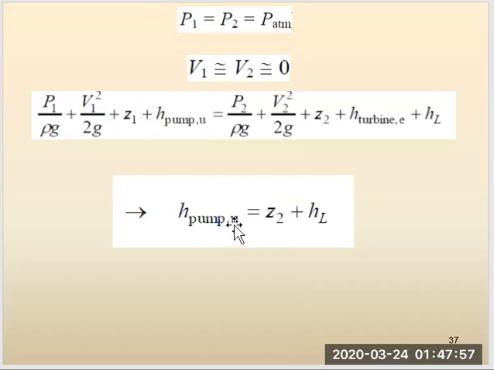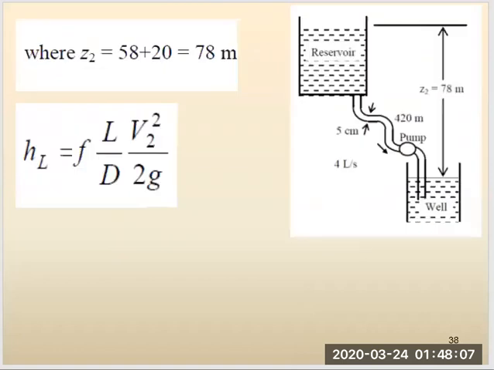So if you want to calculate the required pumping power, we need to calculate the head loss. We already know Z2, because Z2 is 58 plus 20, which is equal to 78 meters.